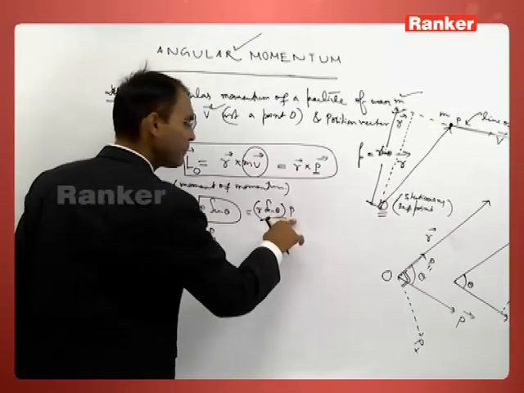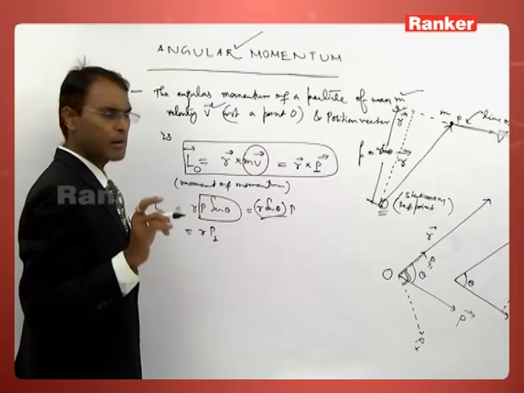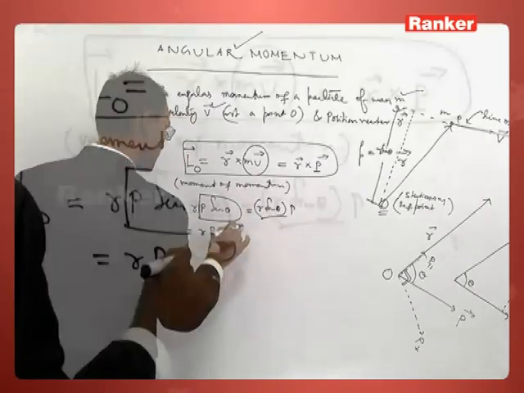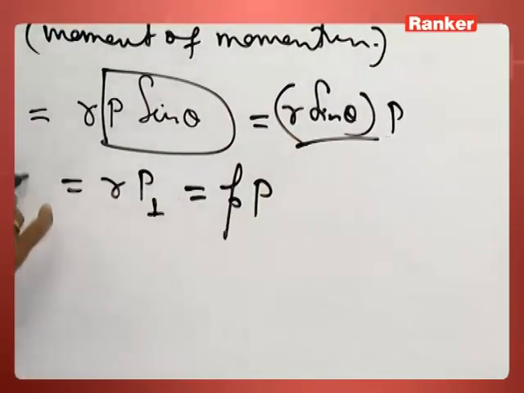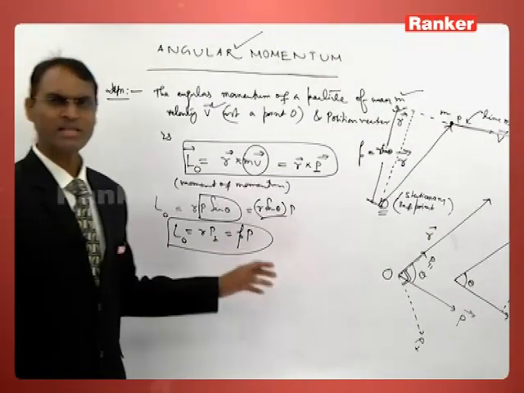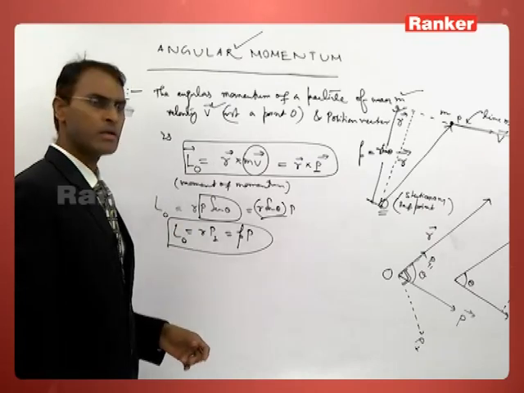Capital P represents the linear momentum. Small p represents the perpendicular distance. r sin theta can be written as small p into capital P. In this way also, you can represent the angular momentum vector.